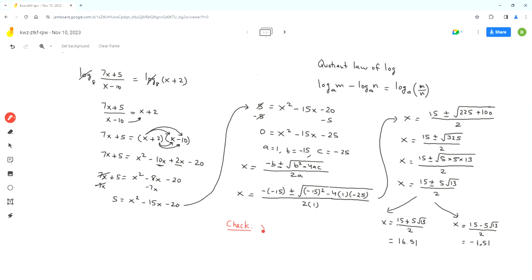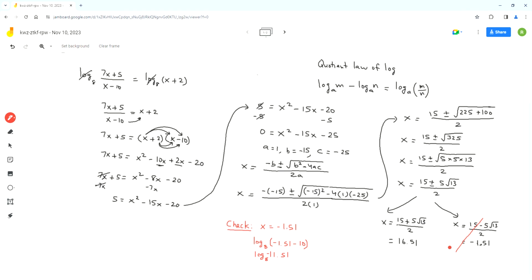So for x equals negative 1.51, if I input x as negative 1.51 minus 10, this will become log to the base 8 of negative 11.51. And this is an invalid term because log doesn't exist for a negative number. So we know that this solution is invalid.